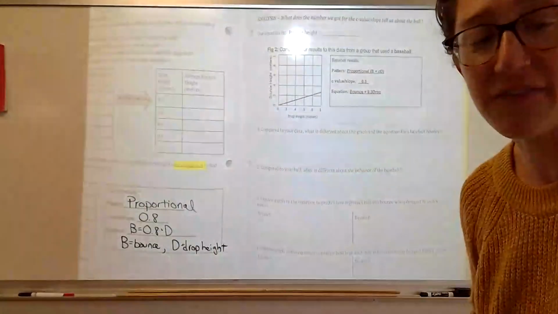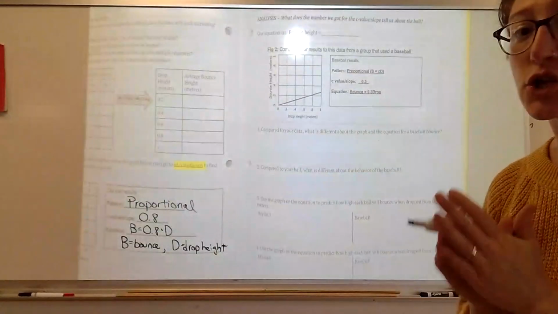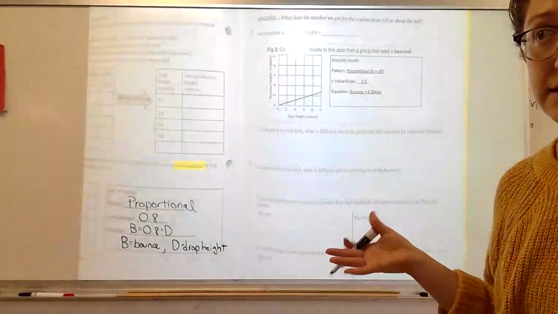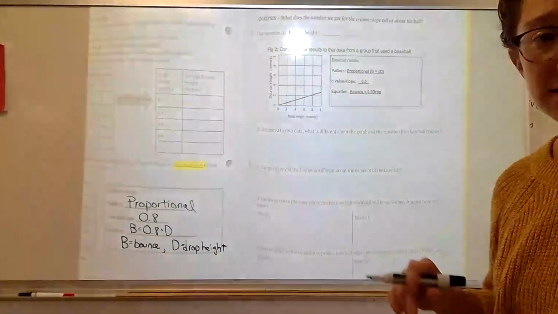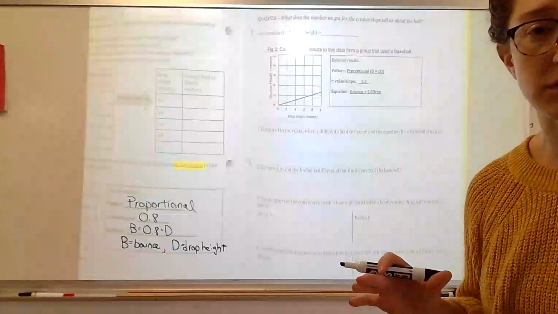I have to have this information in here so that I can do the analysis. If I don't have that, the analysis isn't going to make much sense to me. It's not going to be very useful.